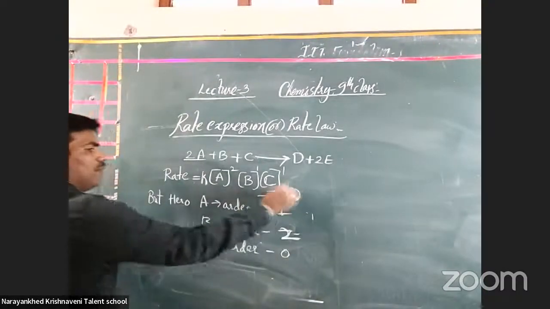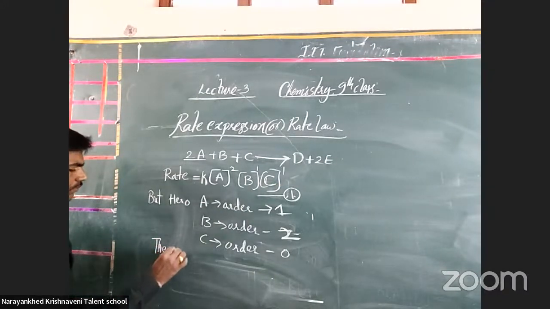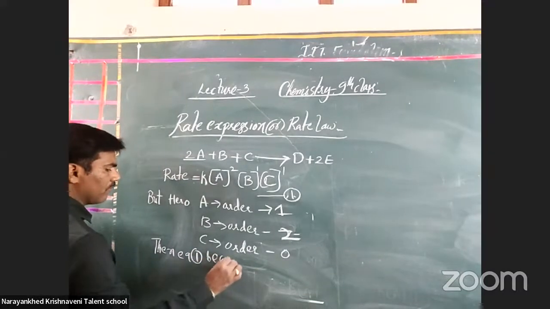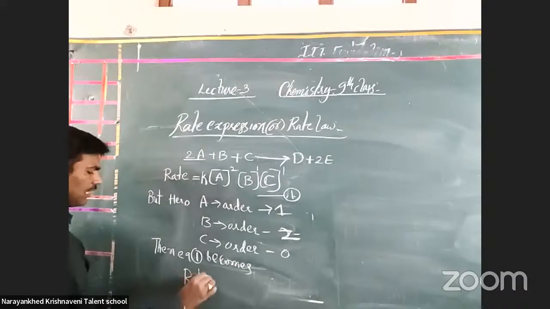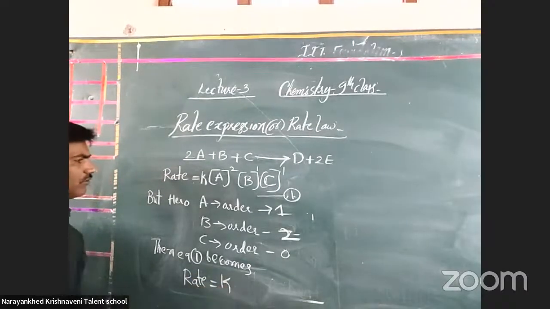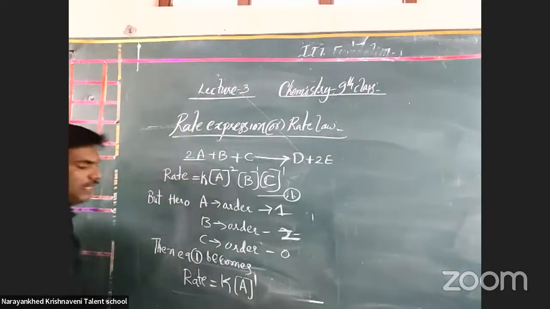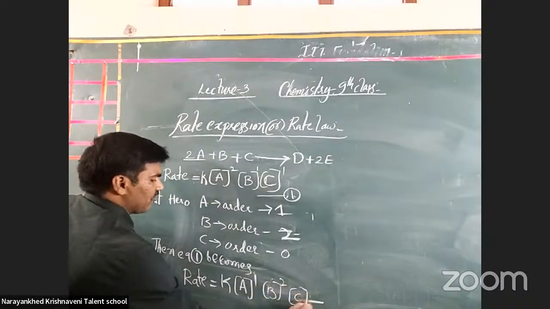Then the equation becomes: rate is equal to k into A to the power of 1, B to the power of 2, C to the power of 0.